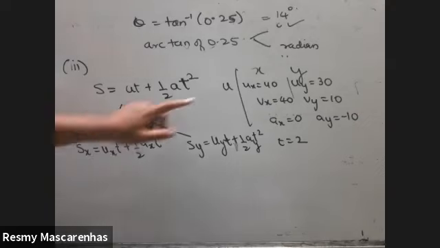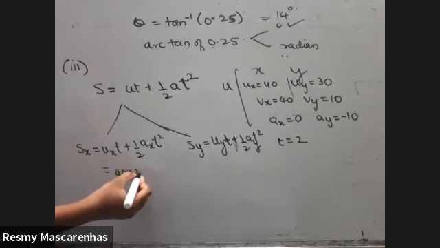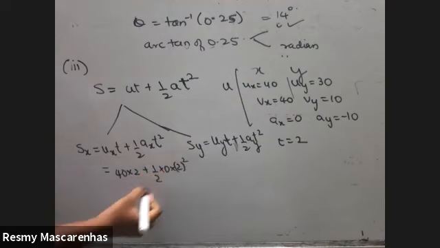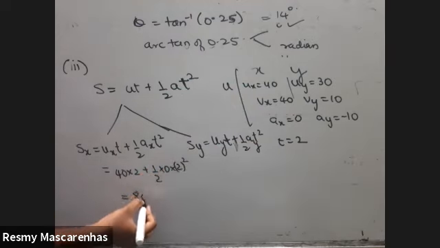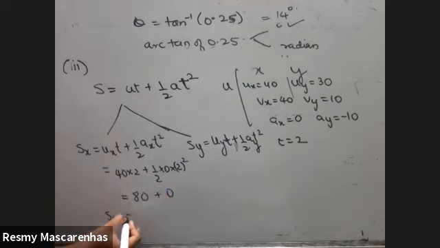Now substitute the values, you know all of them. For x, this will be 40 times 2, half times 0, so 80, and this will be completely 0. Sx equals 80 meters.